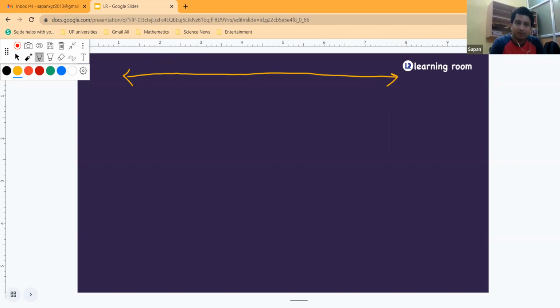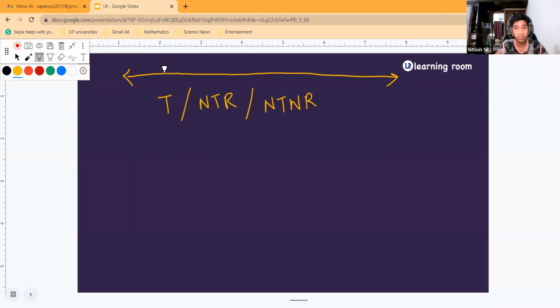One is terminating. Another is non-terminating recurring. Another is non-terminating non-recurring. The number line has only three types of numbers: terminating, non-terminating recurring, non-terminating non-recurring.